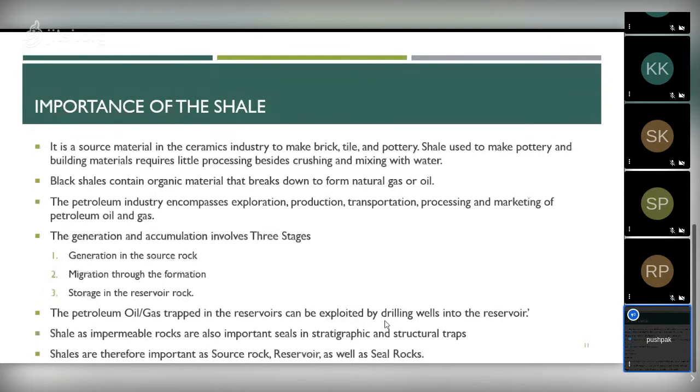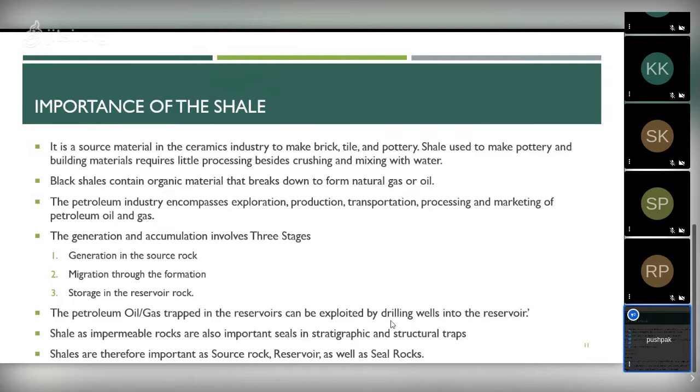Several years ago, shale was considered only a seal rock or a cap rock and not a reservoir. After the introduction of hydraulic fracturing technology, it was found that shale can also be a reservoir rock and not just a cap rock.